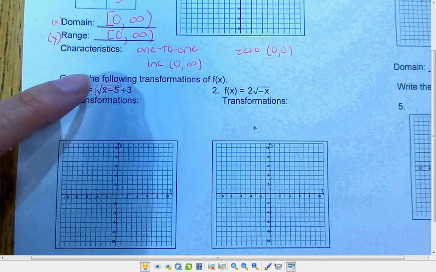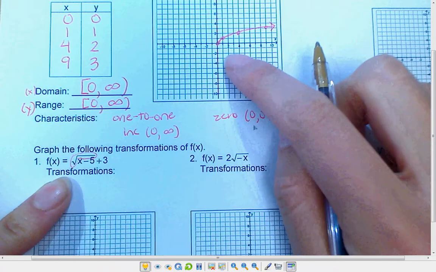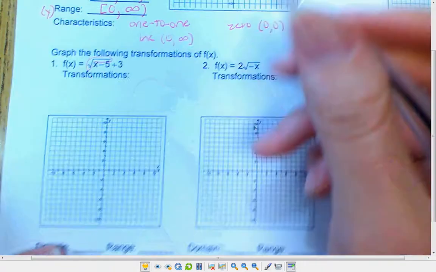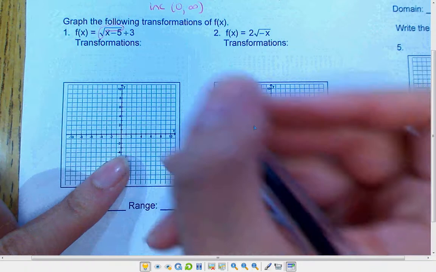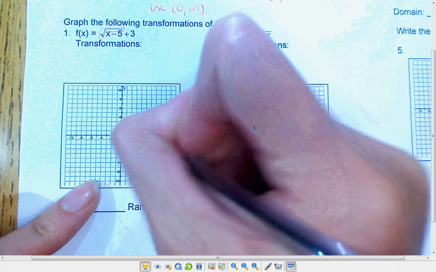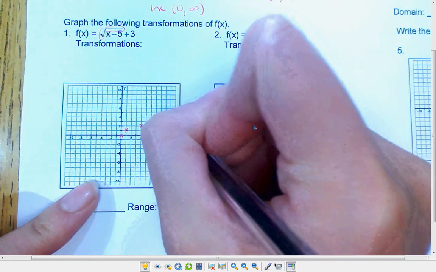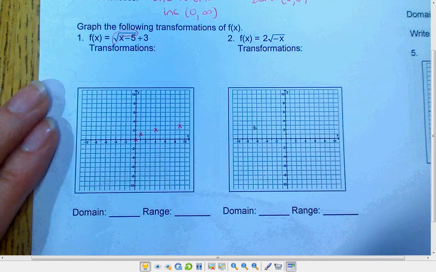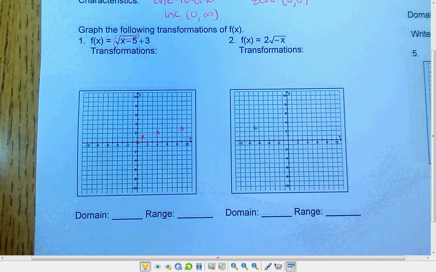So this is what tells us we're starting off with this parent function right here. So from the beginning, I already know that my parent function is going to be these 4 points. So I'm going to start off by graphing it on this graph. (0, 0), (1, 1), (4, 2), (9, 3). And again, I draw little x's, so I know that this is my parent function. That's what I'm starting off with.